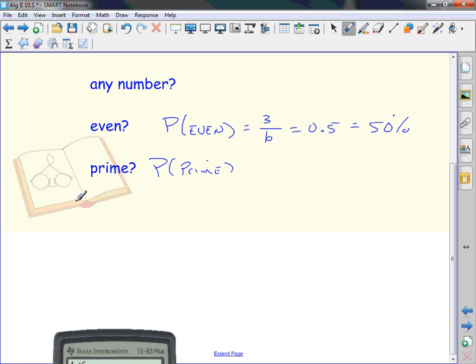So I have 2, 3, and 5. So 2, 3, and 5 is, again, 3 out of 6, which is 0.5, a 50% chance. 1 is nothing. No, 2, 3, and 5.